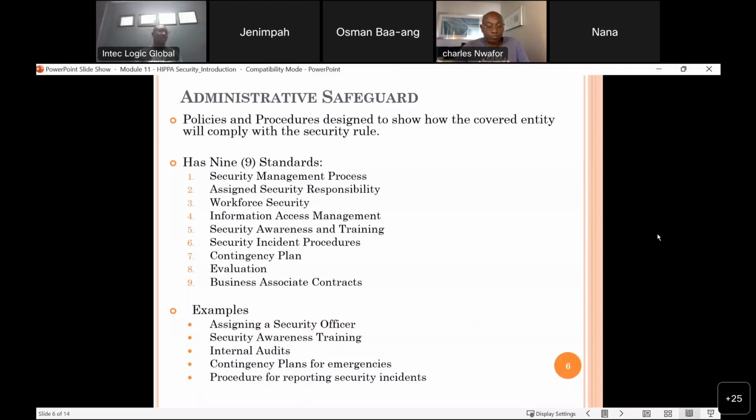So whenever you hear procedural safeguard or procedural control, it is the same as administrative safeguards. Whenever you hear administrative or procedural, it deals with policies and procedures, right? So under the administrative safeguards, we have 9 standards.